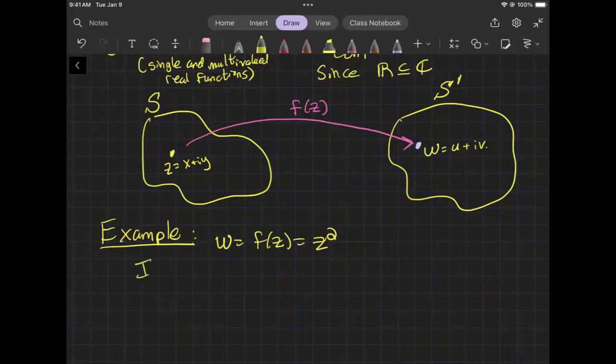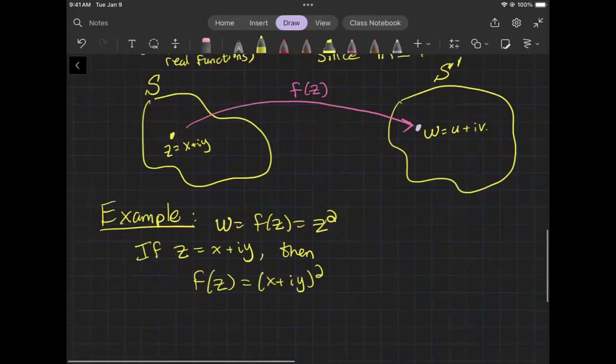Okay. So if z equals x plus iy, then f of z is equal to (x plus iy) squared.